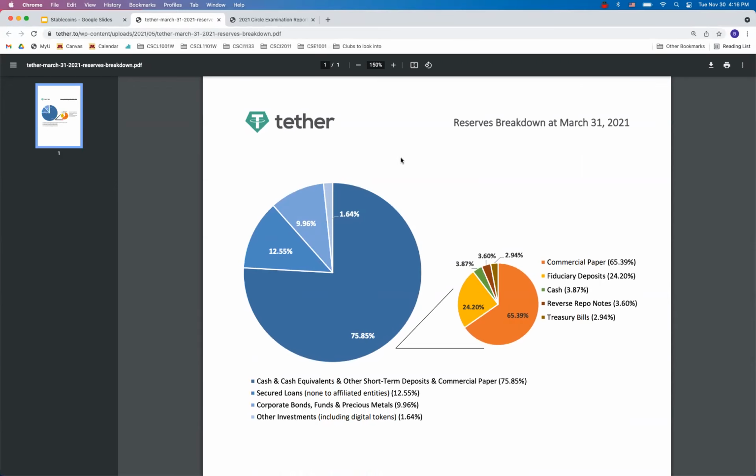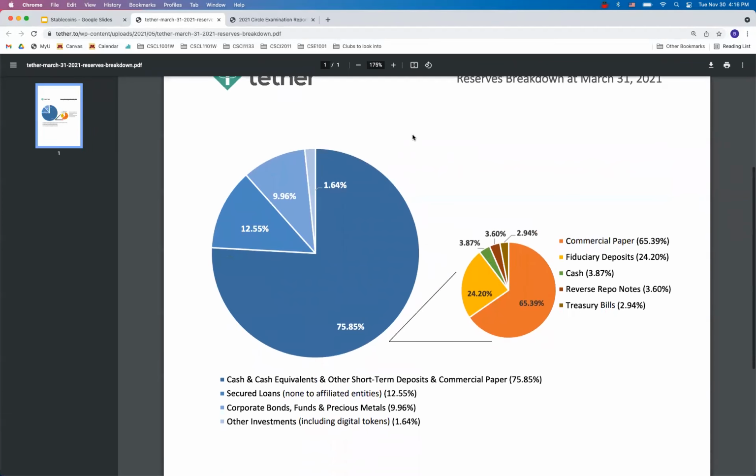Compare and contrast like the Coinbase one. Yeah. So you can see that 75.85% is in cash equivalents, short-term deposits and commercial paper. If we look at the breakdown of the 75.85%, 65.39% is commercial paper.